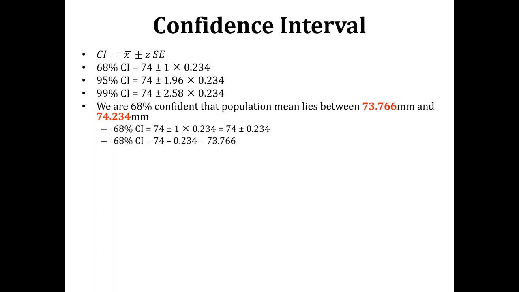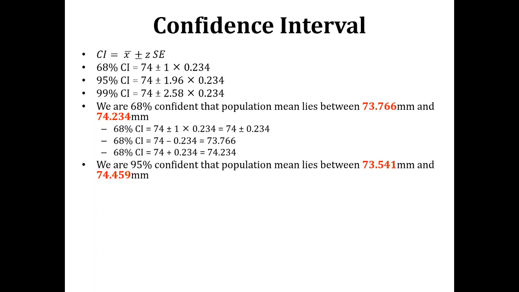First of all, 74 minus 0.234 gives us 73.766, which is the lower limit of our 68% confidence interval, right? And when we add this value to the mean, 74 plus 0.234, that gives us the upper limit of this 68% confidence interval, which is 74.234, right? Then we calculate the 95% confidence interval.